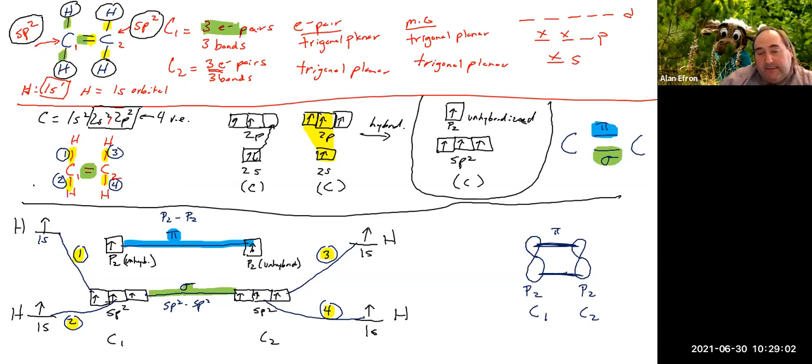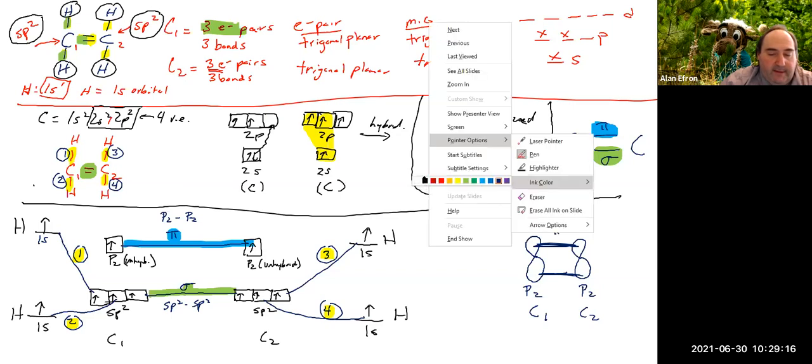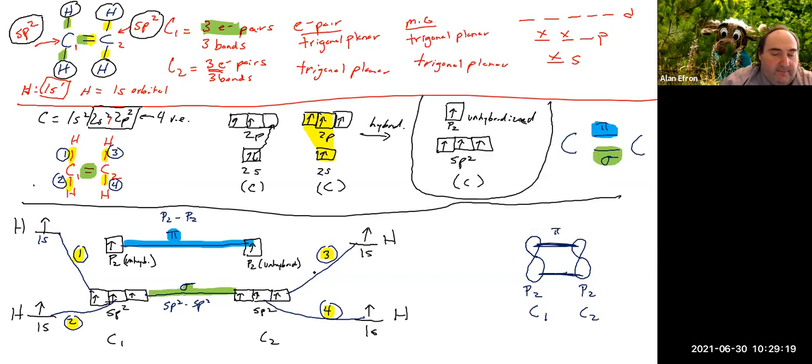Now, let's tie this to what we were talking about in terms of sigma and pi bonds. In this overall molecule, how many total sigma bonds would there be? The answer would be: every single bond that is a single bond would be a sigma bond, which means number 3 here would be a sigma bond, number 4 would be a sigma bond, number 2 would be a sigma bond, number 1 would be a sigma bond.